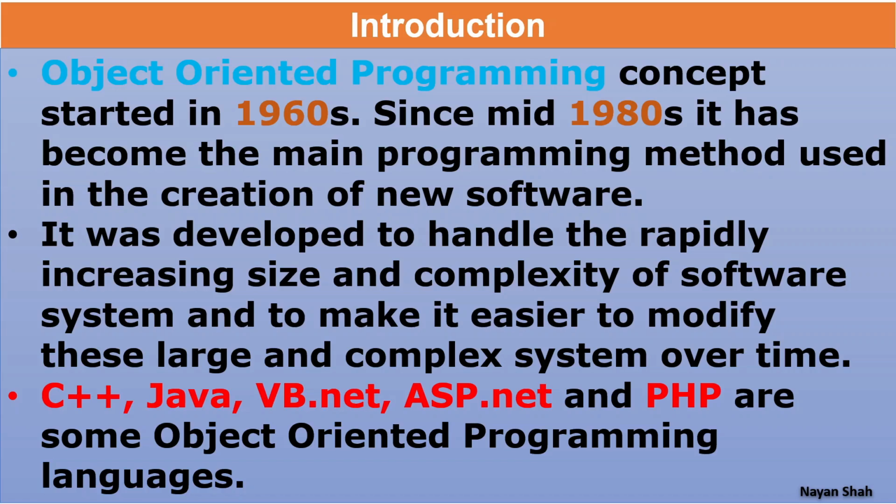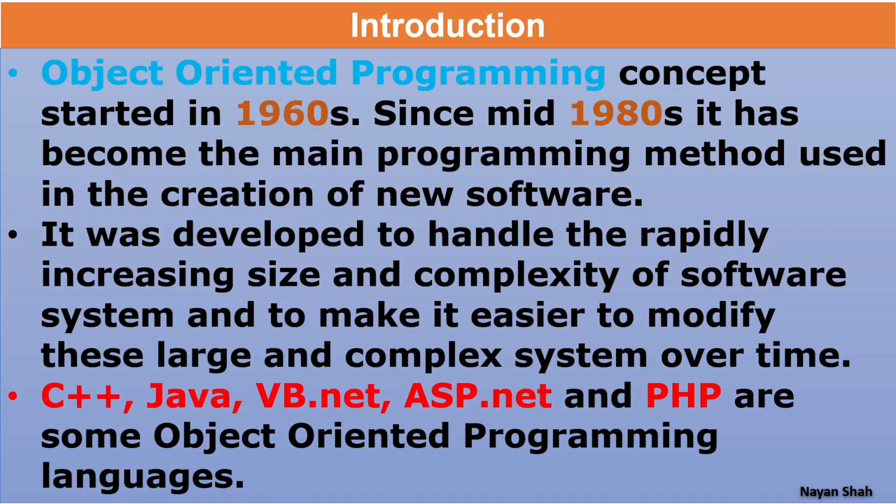So the main reason why we need object-oriented programming is that hardware was slowly upgrading. Previously there were only monochrome monitors, then black and white monitors, then color monitors, now LED, LCD, all these different monitors and hardware are upgrading. So programming also becomes very complex because now graphics plays a very important role in every software development.